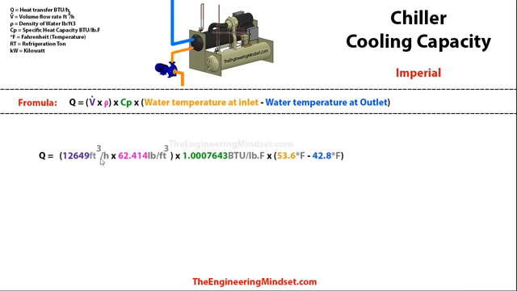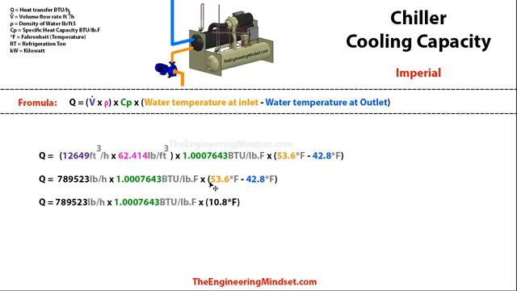We've got our 12,600 cubic feet per hour, the volume flow rate, multiplied by the density of the water at that average temperature. Then we've got our specific heat capacity at that average temperature multiplied by the inlet temperature minus the outlet temperature. First of all, we multiply these two figures in the brackets together to give us our mass flow rate, so our pounds per hour.